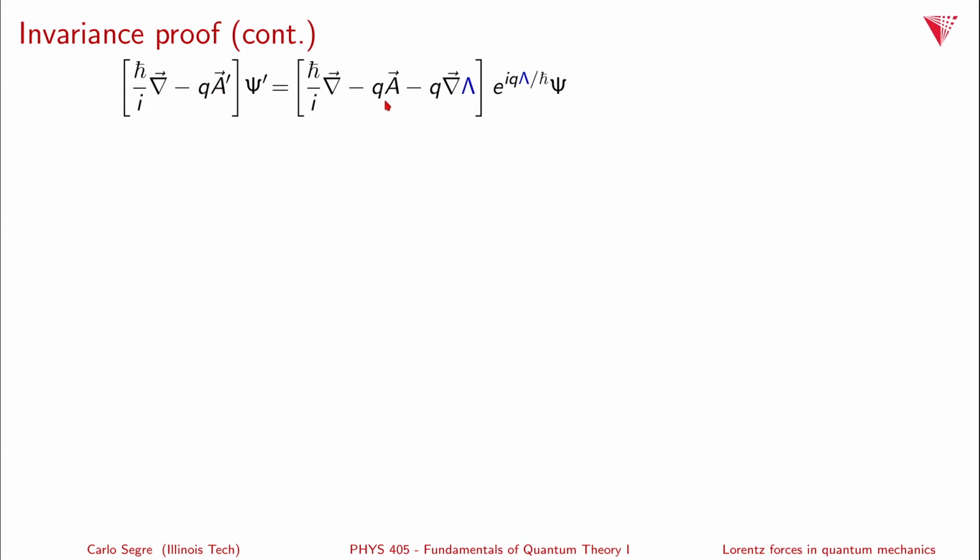So remember, A prime is A plus the gradient of lambda. And so this then becomes h bar over i gradient minus qA minus q gradient lambda, all applied to e to the i q lambda over h bar times psi.